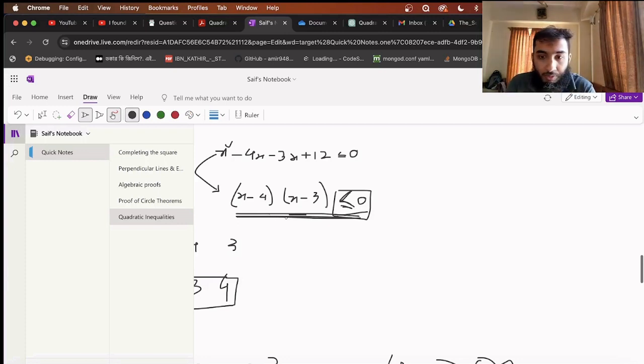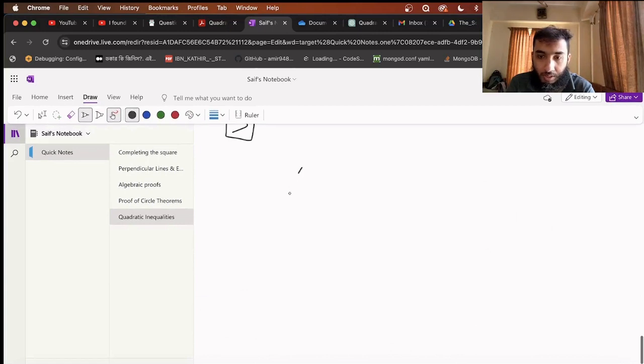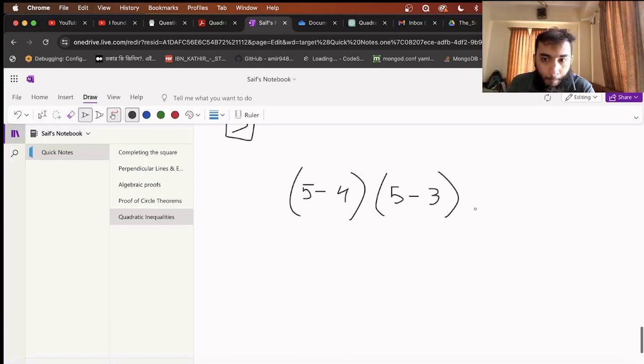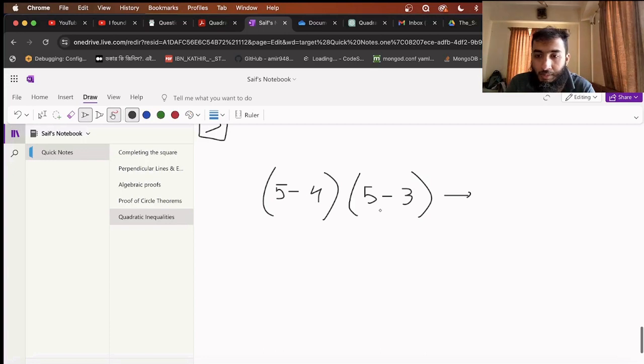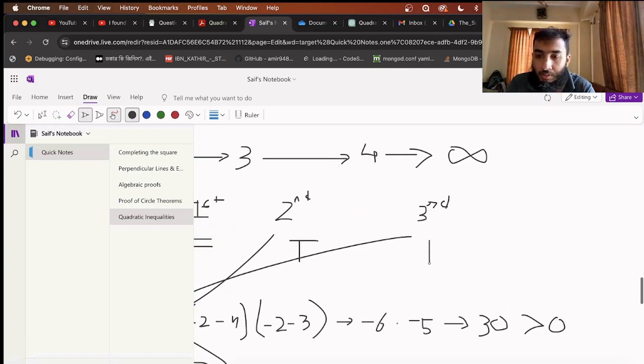So 5 minus 4 multiplied by 5 minus 3. What is the result? 5 minus 4 is 1 and 5 minus 3 is 2, so it's 1 multiplied by 2, which is plus 2. So this is greater than 0, and this condition is false.